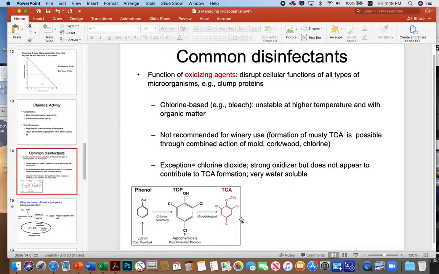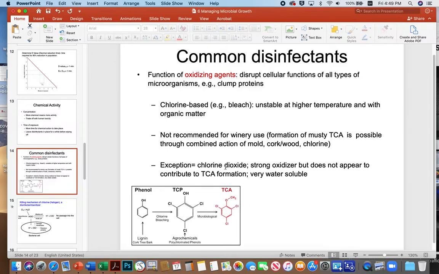The process can also look something like this, where you have a lignin, which is a common phenolic type compound in wood, in cork tree bark, for example, and then in the presence of chlorine, this phenolic molecule becomes chlorinated, and then the microbes themselves, as you see here, can methylate it and produce the TCAs. So molds, for example, can methylate it and produce that TCA type compound.